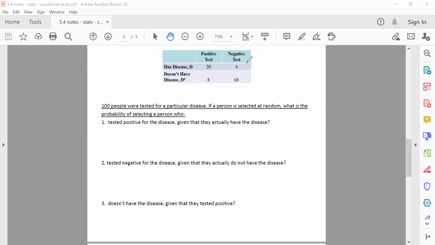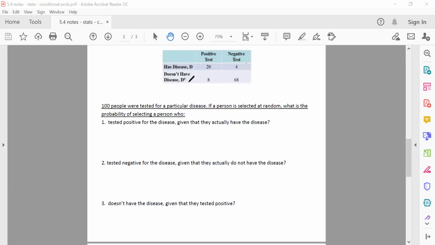So what this chart says is that, let's say we had a total number of people who were tested for the disease. Of those who actually truly have the disease, 20 of them are going to test positive for it, but 4 of them are going to test negative for the disease, which is not good. That's kind of scary.